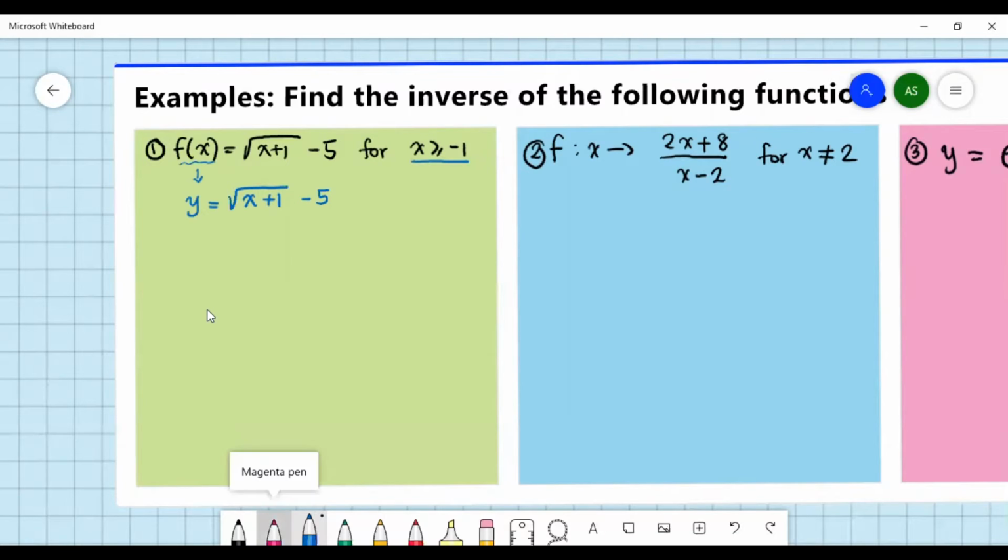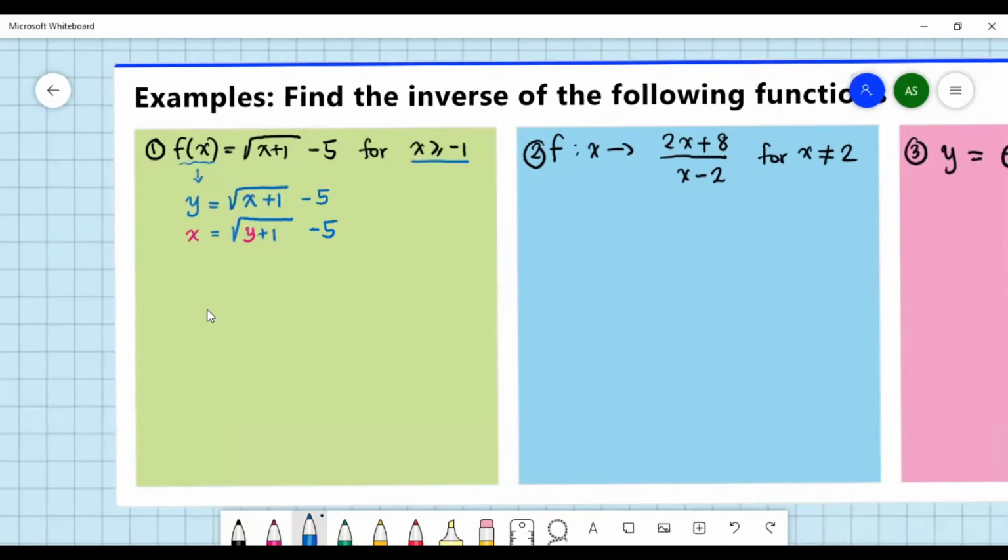So instead of y, this will now become x, so that will be x is equal to the square root of, instead of x, now it will become y plus 1 minus 5. See the difference? And then after this, we are going to make y the subject of the formula.